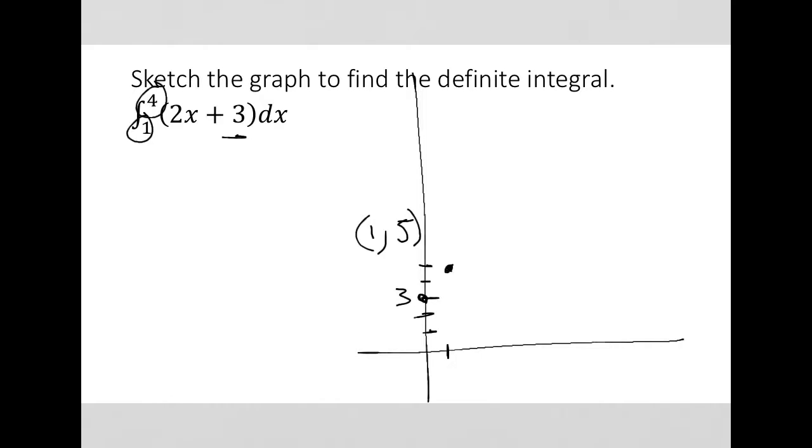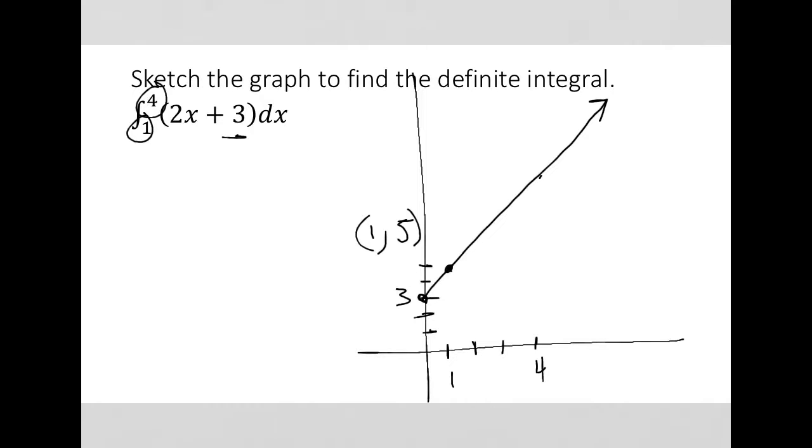So there's 1 point on there that we know for sure. And we know our graph's going to be going up linearly like that, and we want to figure out where does that end up when you get over here to x equals 4. Wow, that's totally not to scale. So let's say 1, then let's say 2, 3, 4.